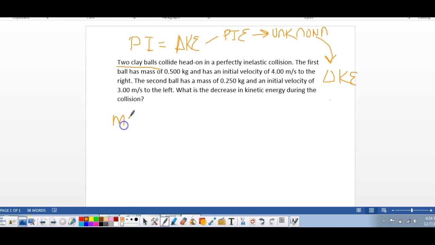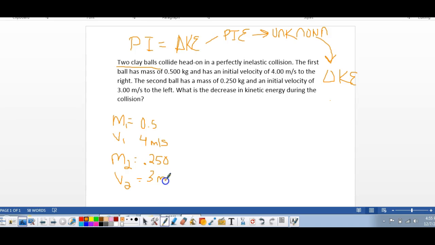We'll put this down first. So mass 1, velocity 1, that's going to be 0.5, and it has a velocity of 4 meters per second. Second one, mass 2, that's going to give us 0.25, and the velocity 2 is equal to 3 meters per second.